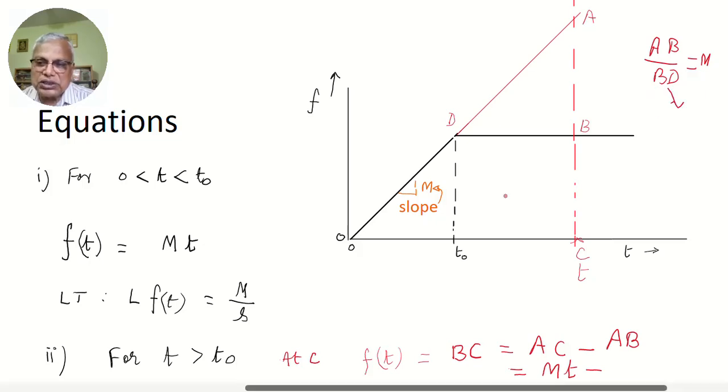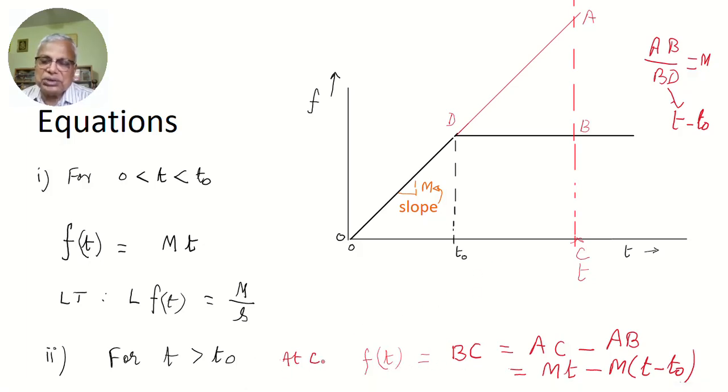If you see the figure here, BD is t minus t naught. So AB will be equal to m into t minus t naught. So I'll write here AB equal to m into t minus t naught. So this is the equation for f of t for t greater than t naught. Is it understood?